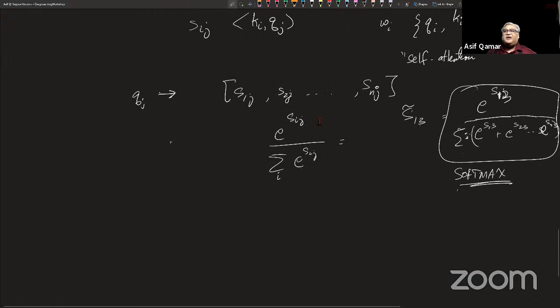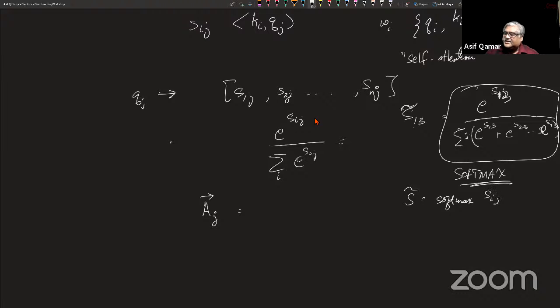And so now you have pretty much gotten to everything. Let's say you bring in a probe j. The attention it is giving to each of the words is this exponentiation, S tilde, which is approximately the softmax of Sij, the similarity softmaxed.